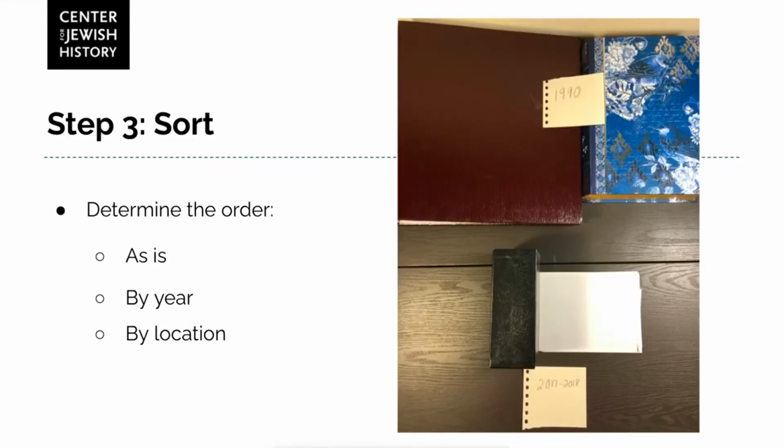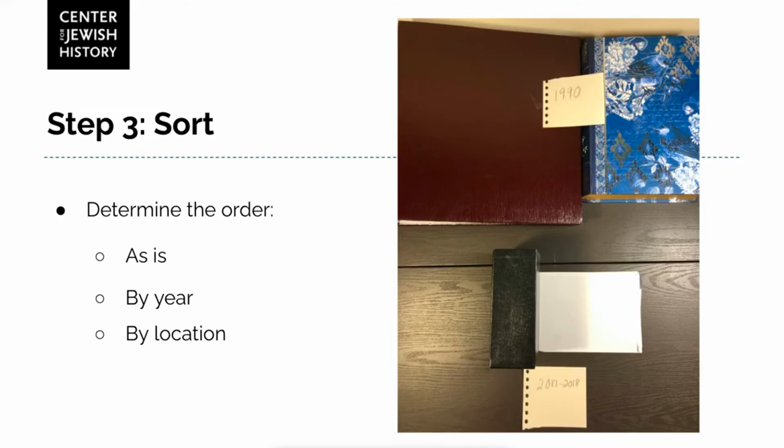Step 3 in organizing is sorting. Determine the order. This can be as is, or by year, location, or some other designation that is meaningful to you, such as holidays or countries. At the beginning of this section, I mentioned that organizing your physical collection before digitizing it will make it easier to keep track of and organize the digitized material.